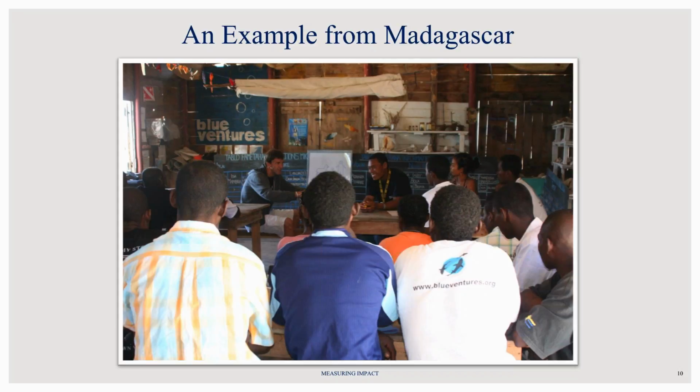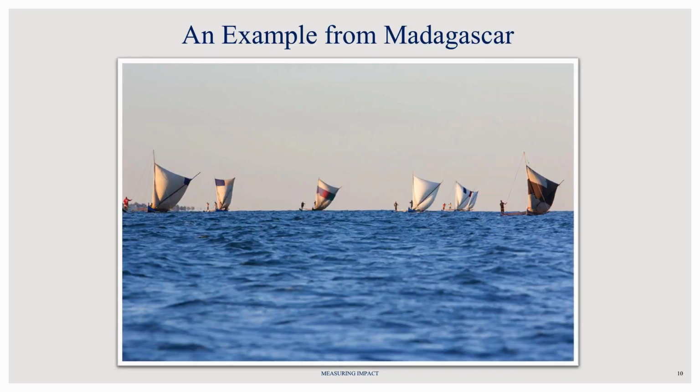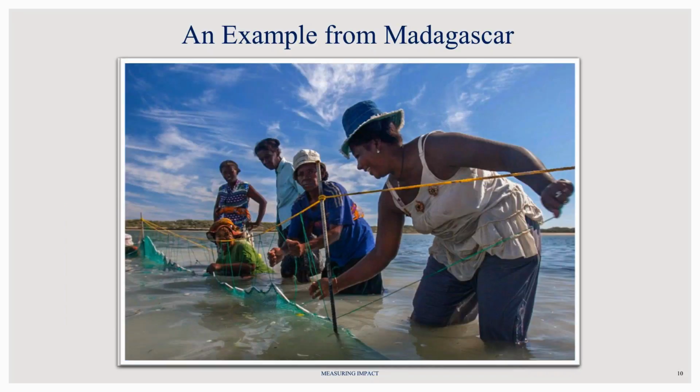I lived in Madagascar for 9 years. It's where I started my conservation career. I worked for an organization called Blue Ventures, and we worked with traditional fishing communities on the western coast of Madagascar to try and conserve marine resources and then also to help people out of poverty. That's Blue Ventures' mission. And one of the key ways that we did this was through conservation enterprises.